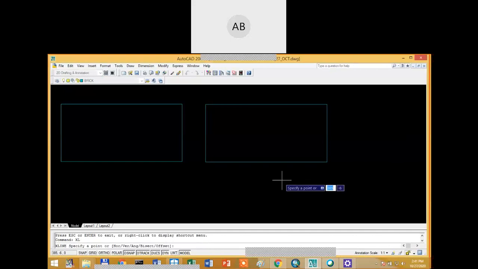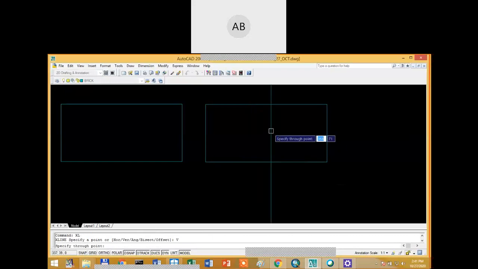Then is it a vertical construction line or horizontal construction line? Look at these options: hor, ver, angle, bisect, offset. So I will pick this V, that means vertical. So I type V. Then I have this construction line.